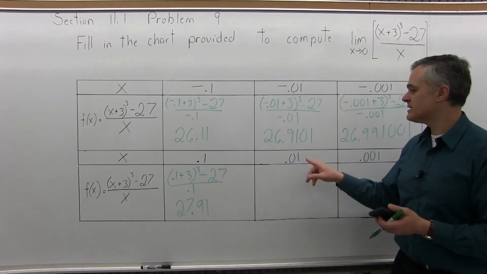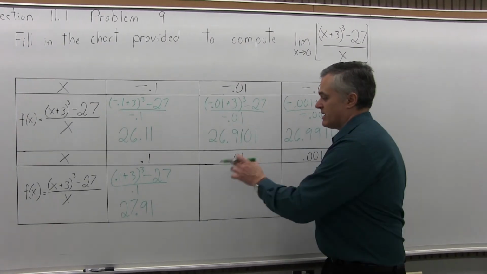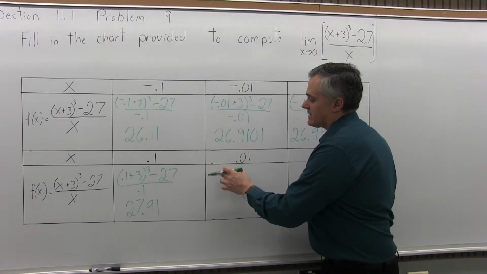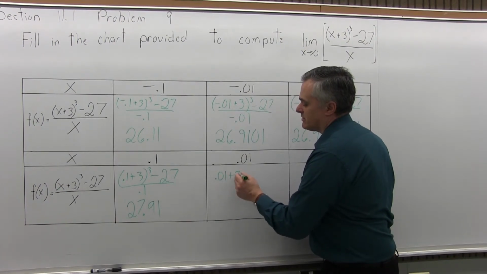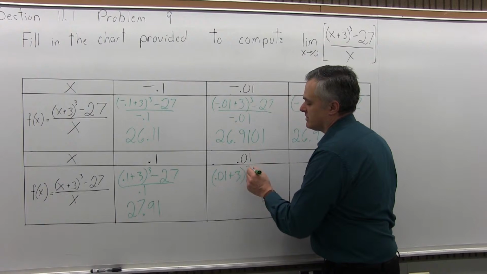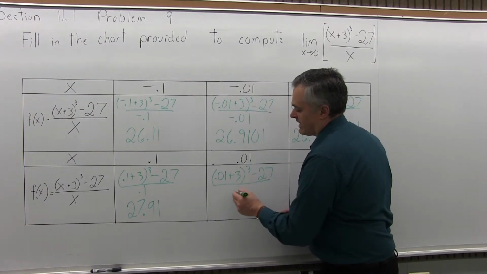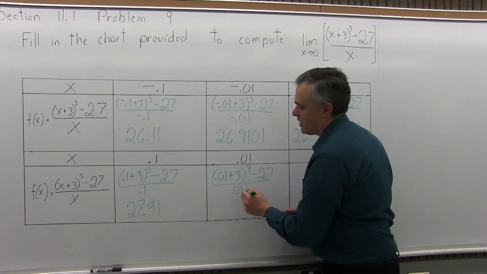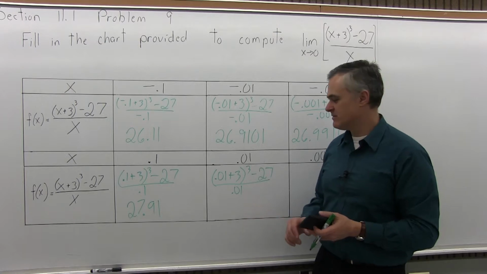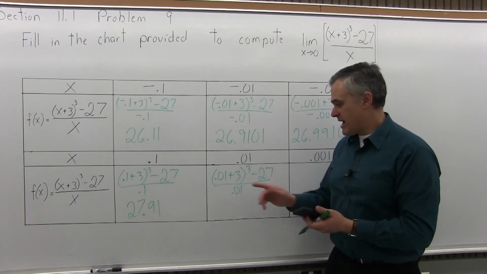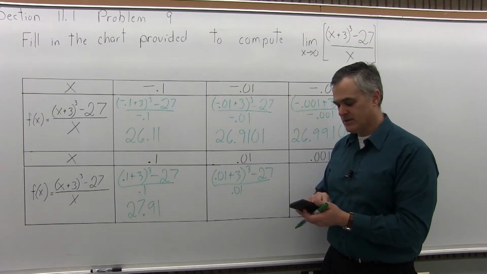The next box, put in a 0.01 for x. So again, in my parentheses, x plus 3 becomes 0.01 plus 3. The parentheses are raised to the third power, I'm going to subtract 27, and I have a 0.01 in the denominator. Again, I'm filling in the function that's given. Now to do that math, in my parentheses, 0.01 plus 3 will be 3.01.